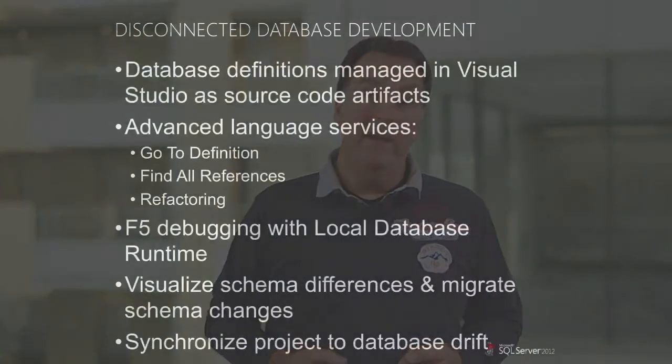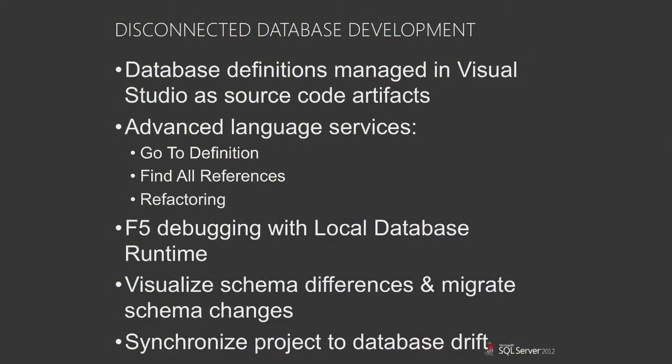Great. Now that we've built up our project, you've seen that we manage the database definitions as source code fragments inside our project. So this allows us to enable even richer environment for the developer, like finding all the references or where is all this code being used. It allows us to refactor our code and enable the local environment for validation using F5 debugging.